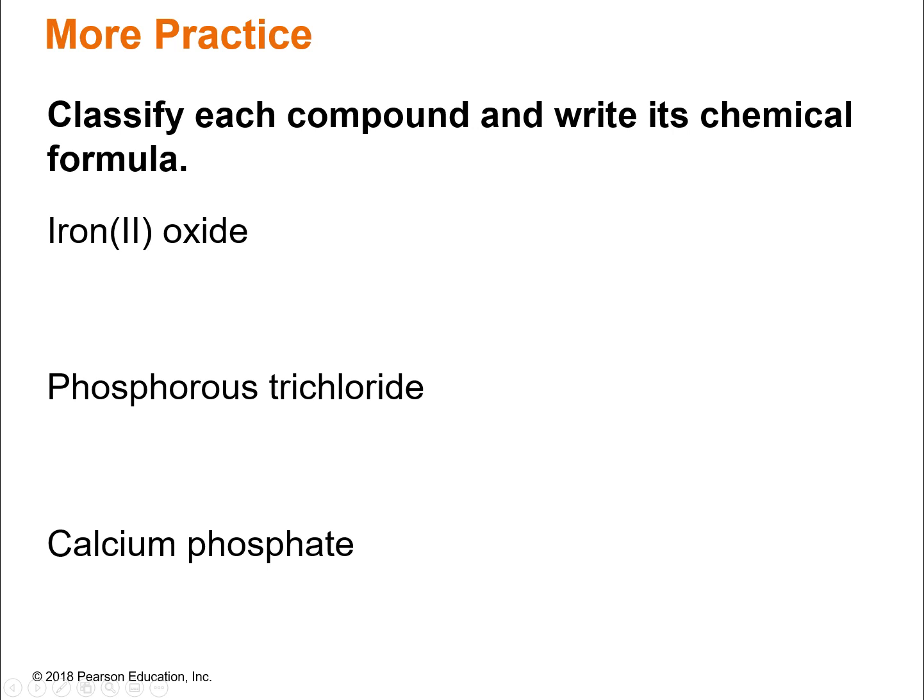This is very similar to the check-in that you're going to have due on Sunday. Make sure that you classify first, and then write the formula. I see this time and time again on that check-in: classify each compound and write its chemical formula or write its name, and you just do the formula or just write the name, but don't classify.